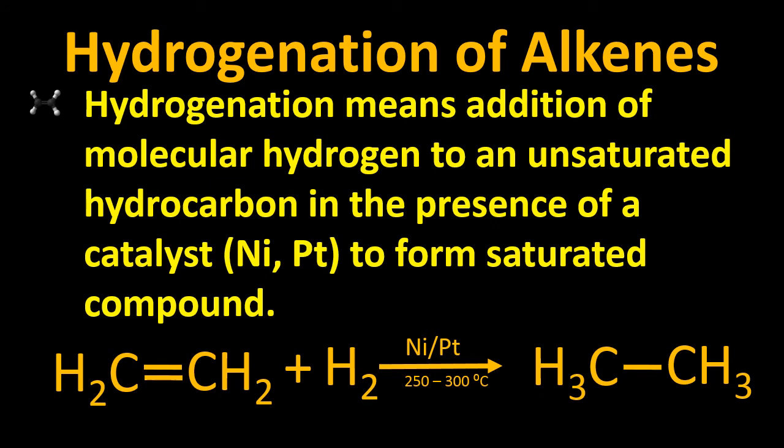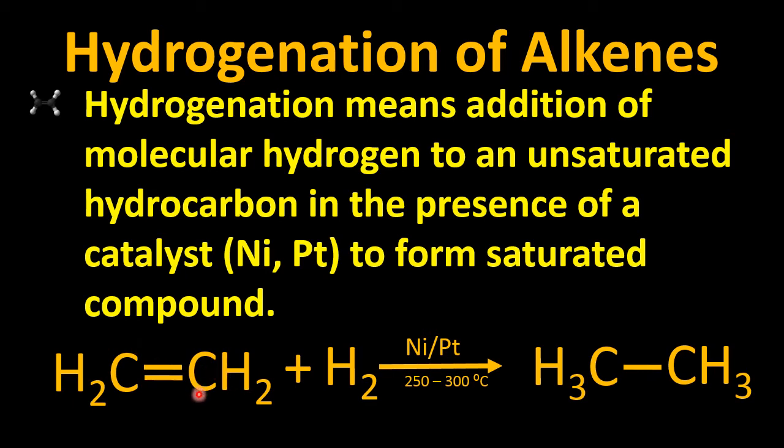Ethene is reacting with hydrogen. Now, what is going to happen? Ethene has a double bond in it. One of the bonds of ethene, which is the pi bond, will break, and this carbon has its free electron available.